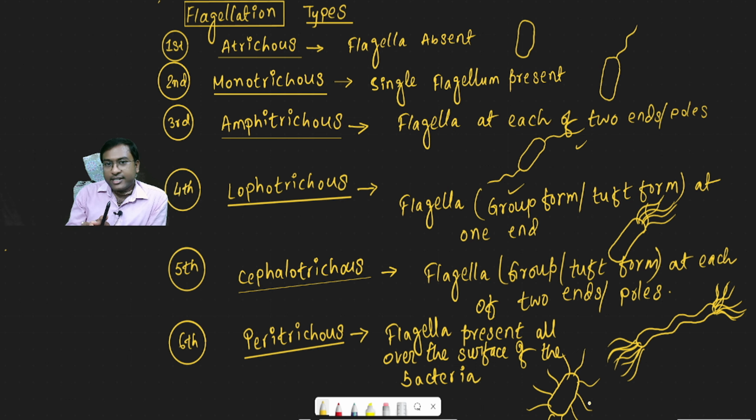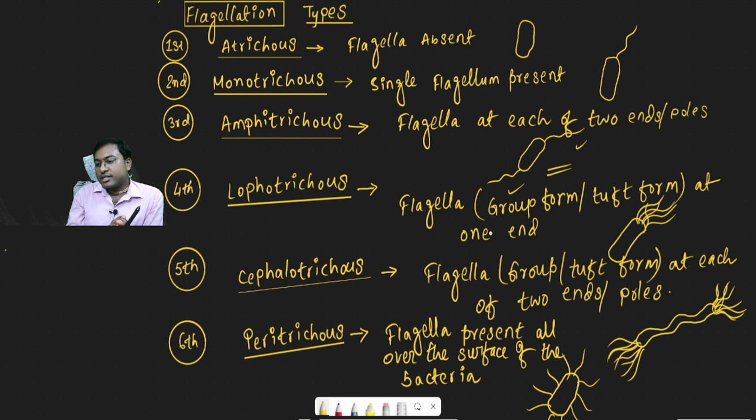So flagellation means the presence or absence of flagella on the bacteria. There are certain types. The first type is ATRICHOUS, where flagella are completely absent. The second type is MONOTRICHOUS, where a single flagellum is present. The third is AMPHITRICHOUS, where flagella are present at each of two ends. The fourth is LOPHOTRICHOUS, where one end contains a group of flagella.